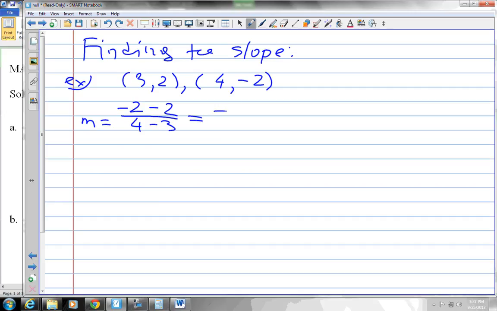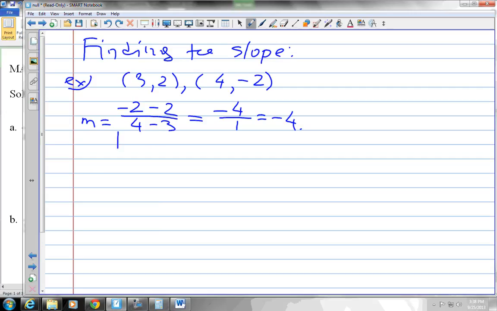You have to really watch your signs here, over +1, so that's -4, okay? So what that means is that when your change in x is 1, your change in y is -4. Okay, that's the direction. If you take 1 step in the positive x direction, you're going to go 4 steps down in the y direction. Pretty steep, right?